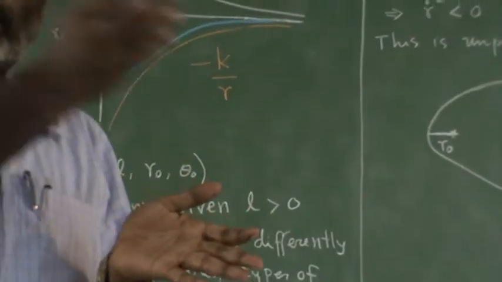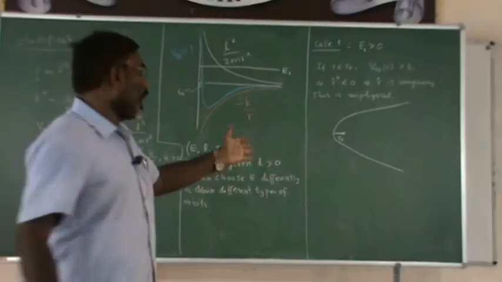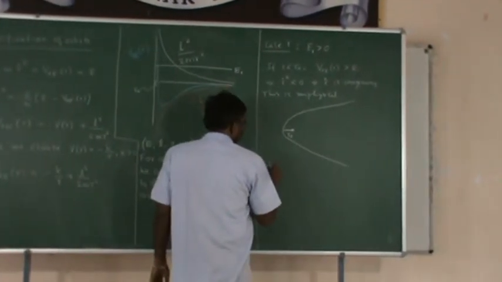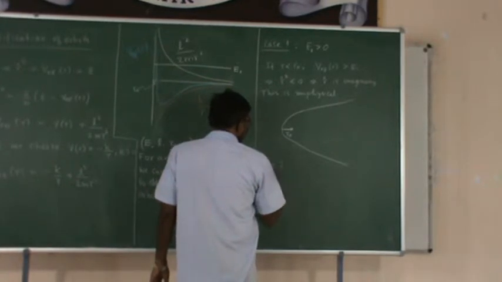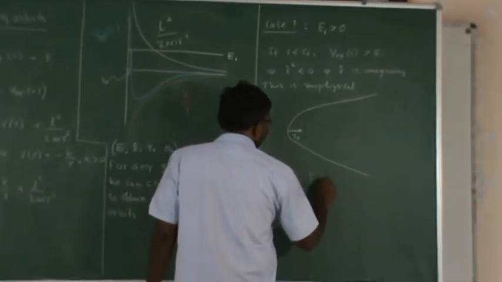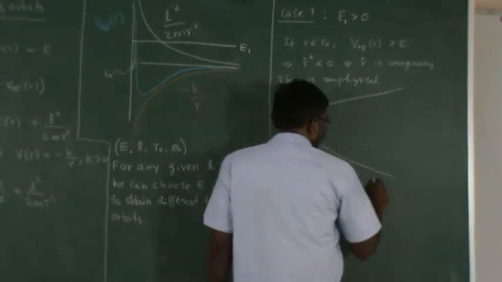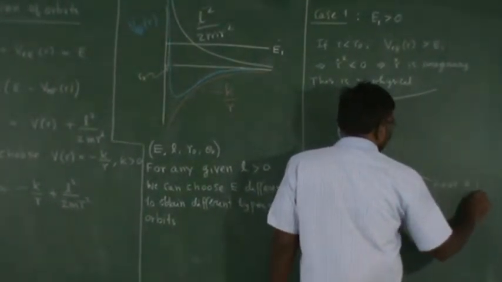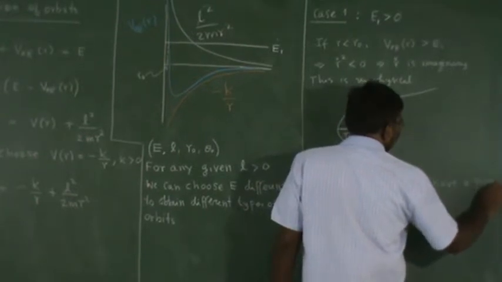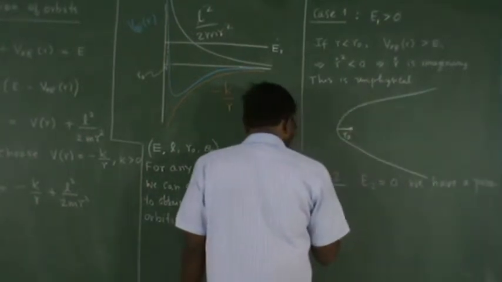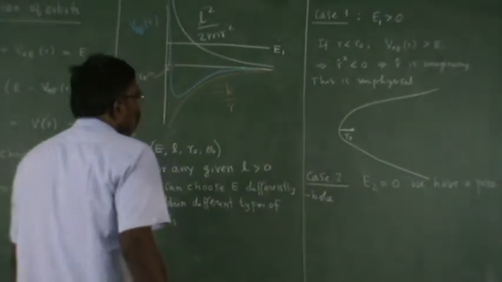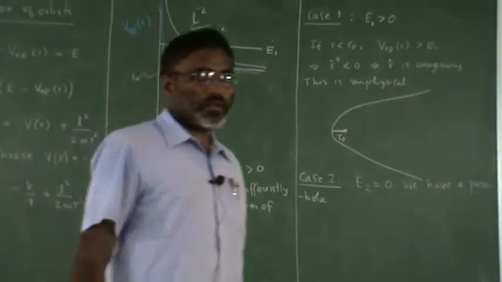But that also is an unbounded orbit, and it will have a similar thing. So I will not discuss much. So case 2 is E equal to 0, so we have a parabola. And these two orbits are unbounded.